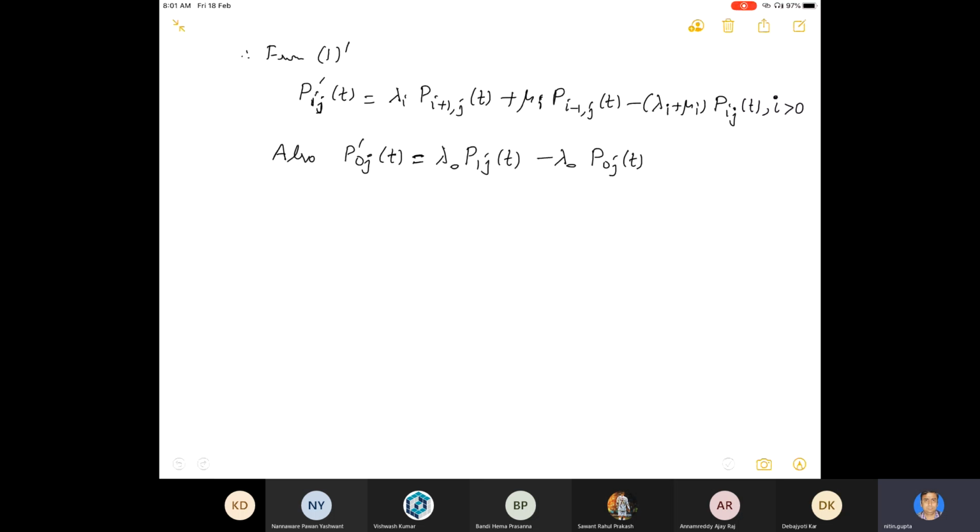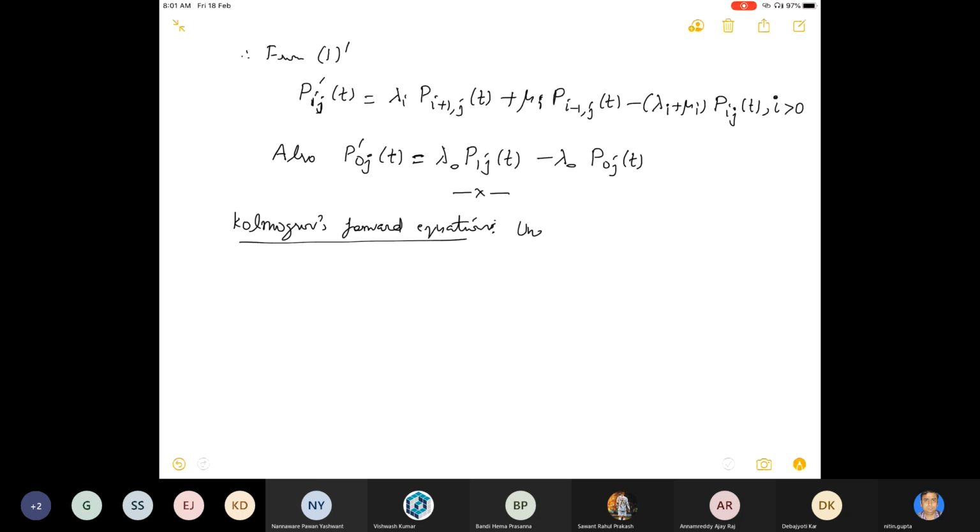Kolmogorov forward equation, under suitable regularity condition: Pij prime t, that is the derivative of this, is summation k is not equal to j, qkj pikt minus vj pijt.